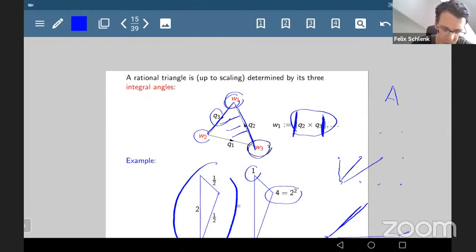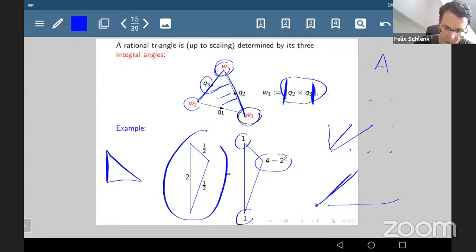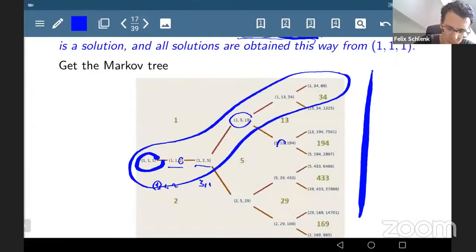If you apply this to the usual triangle, the toric fibration, you get the triangle 1, 1, 2 squared. But what happens is, when you go on with these mutations, you get exactly this tree.